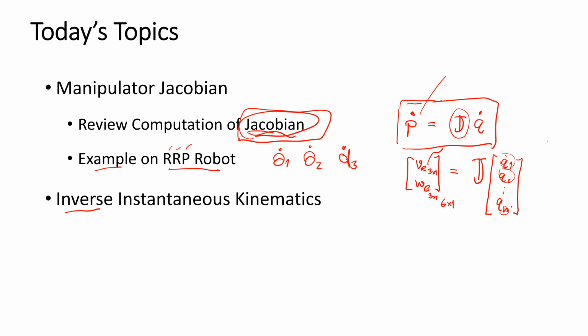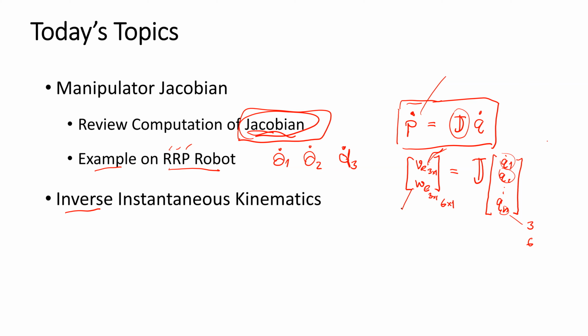We may have n as 3 degrees of freedom, or we may have n as 6 degrees of freedom. But to describe the velocity at the endpoint, we have 3 components to describe the linear velocity with respect to the x, y, and z axes.